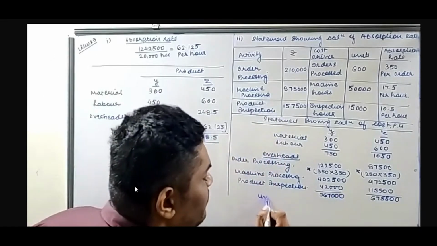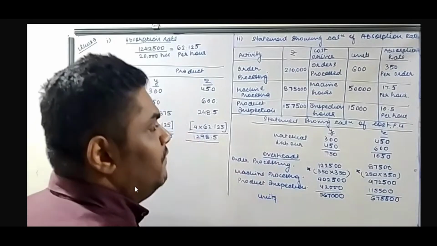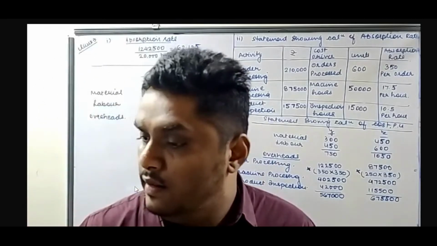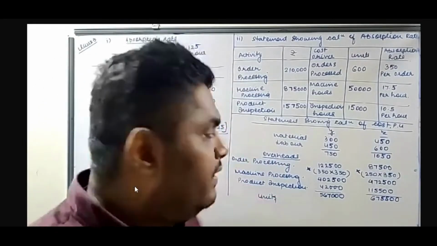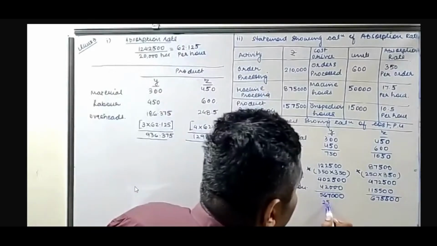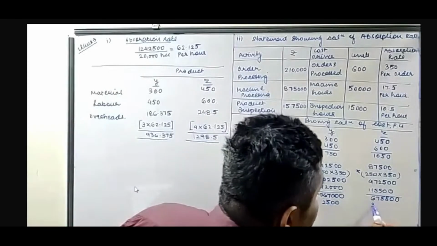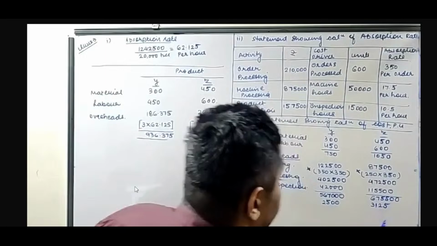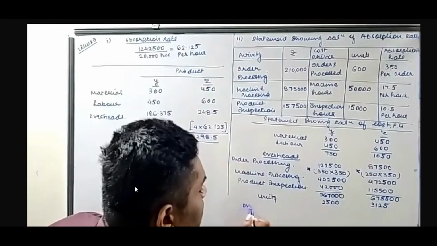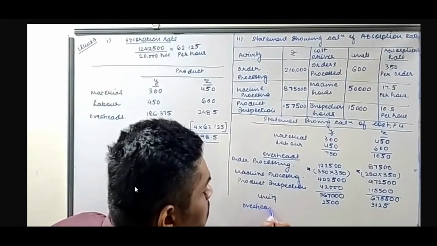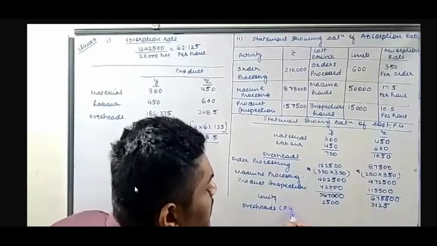We have the number of units. For Y, it is 2,500 units, and for Z, it is 3,125 units. So we'll get the overheads per unit.